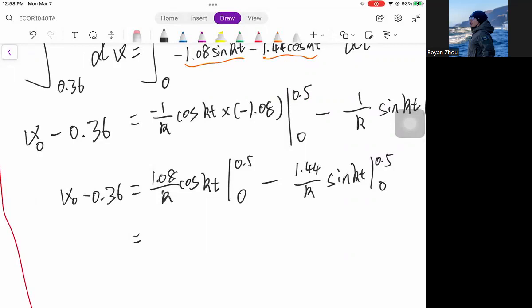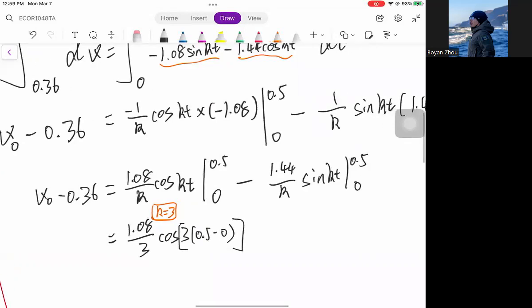Okay, so the right-hand side is going to be 1.08 over 3, plugging in k equal to 3, times cosine of 3 times 0.5 minus cosine of 3 times 0.